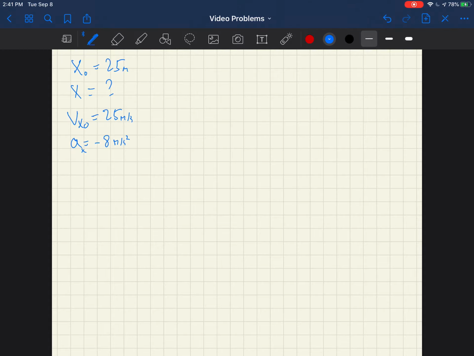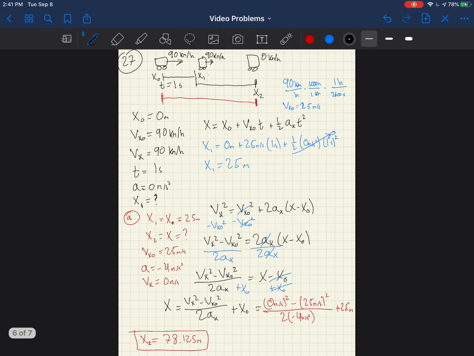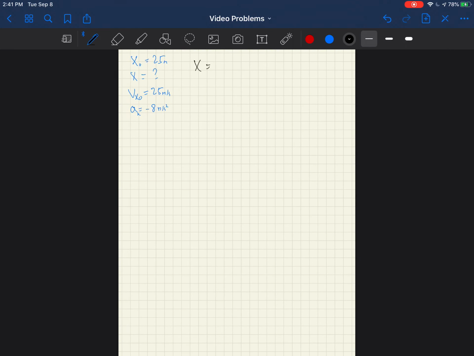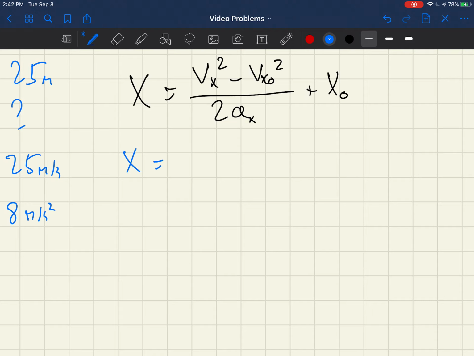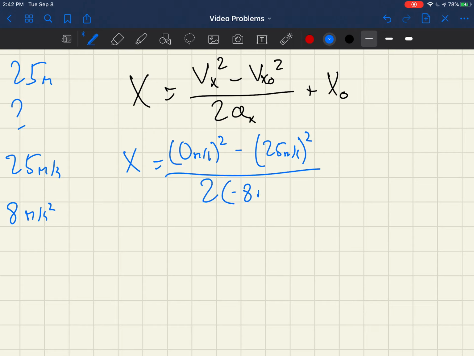And then we don't have time. So we're just going to plug that into our equation again. And we already had the equation written down. It's x is equal to Vx squared minus Vx0 squared over 2ax plus x naught. So I'm just going to plug in my new numbers in there. So I have Vx squared is still 0 meters per second, minus 25 meters per second, all squared, over 2 times -8 meters per second squared now, plus 25 meters.